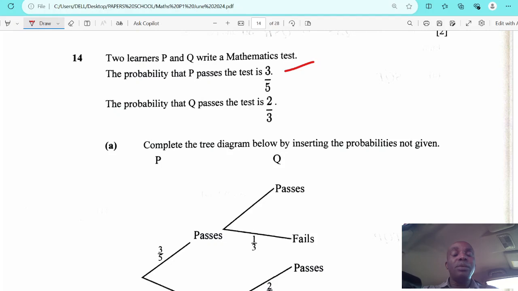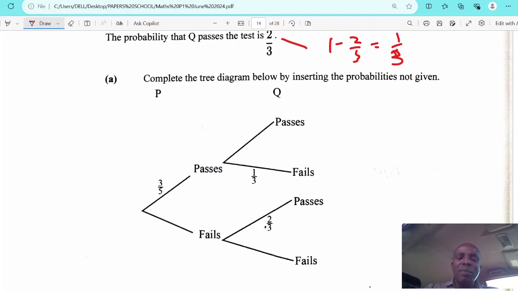There are only two possibilities. So if you are given one probability, to find the other one, you subtract this from 1. So the probability of failing is 1 minus 3/5, that is 2/5. The probability that Q passes is 2/3, which means Q fails is 1 minus 2/3, which equals 1/3. That's how you deal with probability.